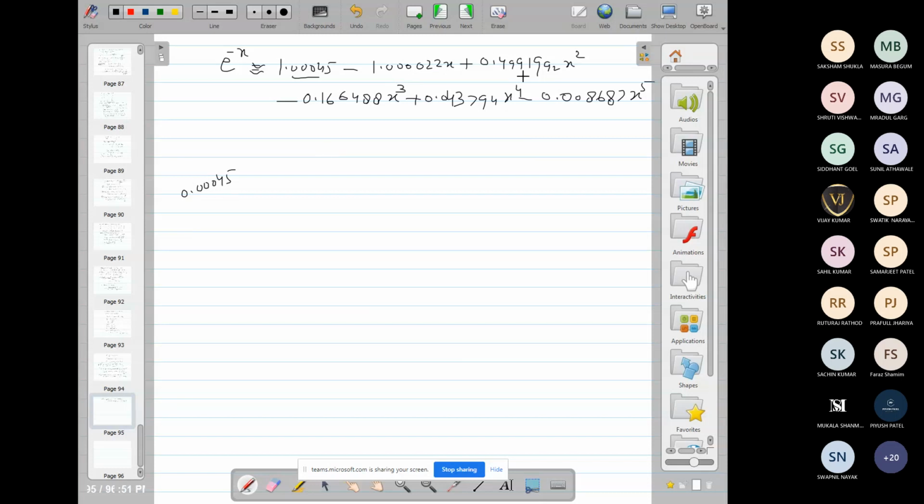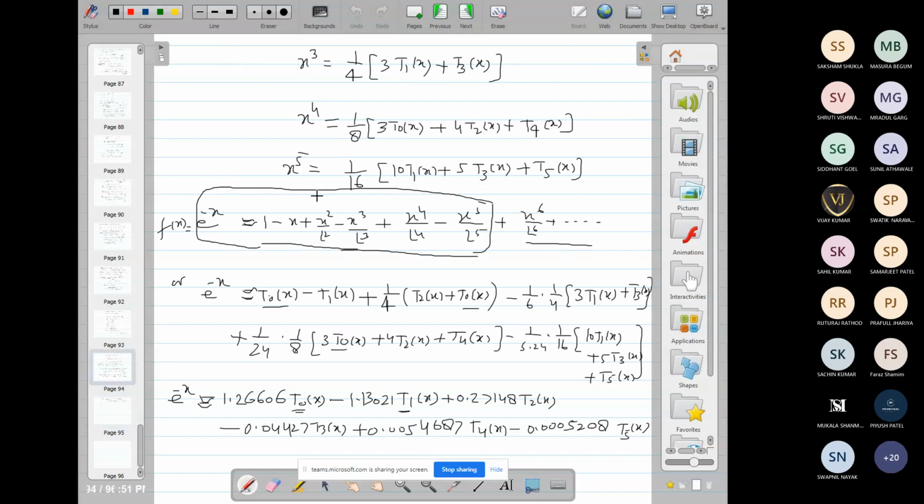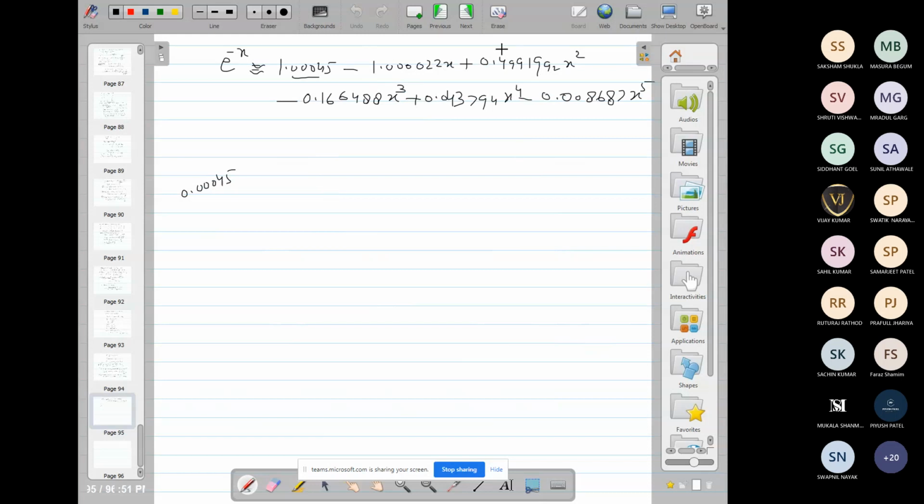And here x square upon factorial 2, that is 0.5, the value is 0.5, so subtract 0.5, whatever error comes will be less than this. So in every term you will see the error is less than this. The maximum error due to this approximation is this.